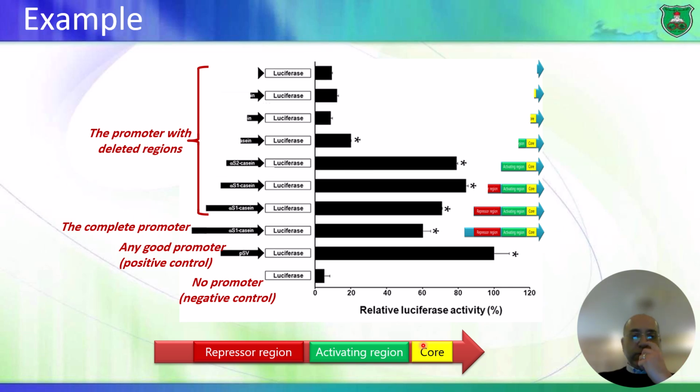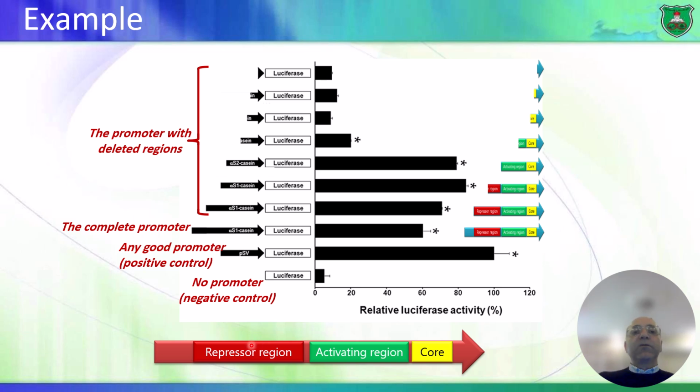And what I do is the following. I take the recombinant DNA that contains the luciferase gene, and I place the promoter that I want to study, the complete promoter that contains the core promoter, the activating region, and the repressor region.